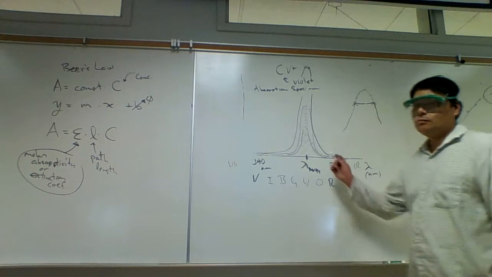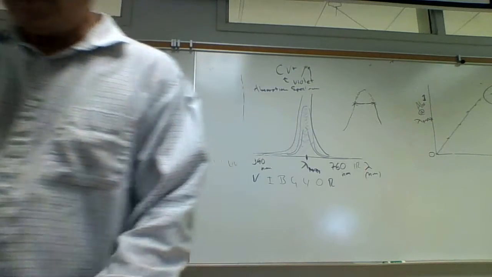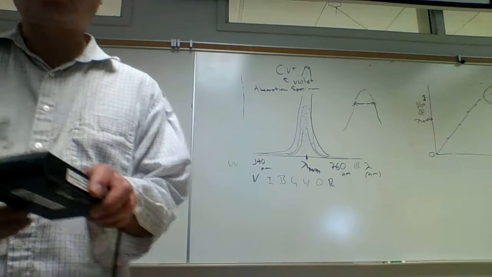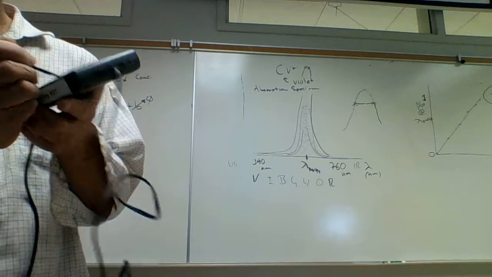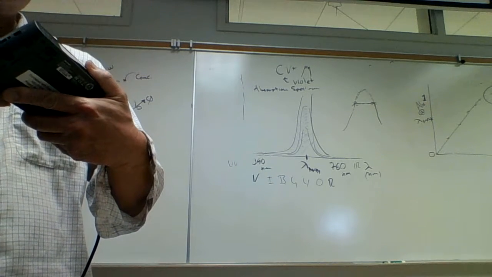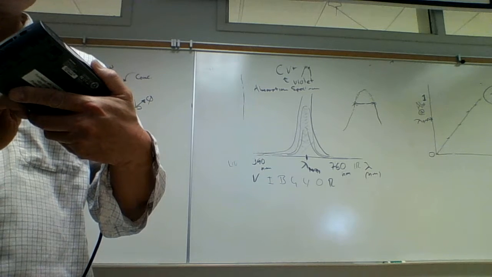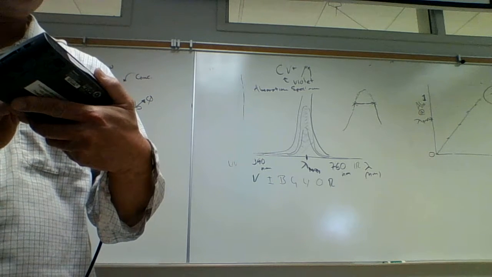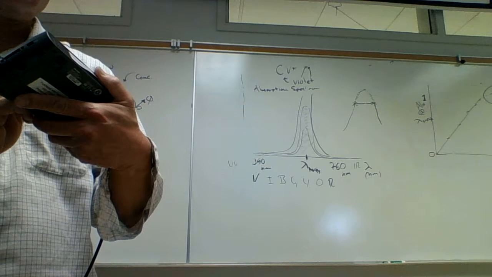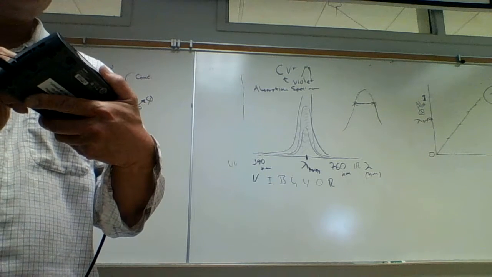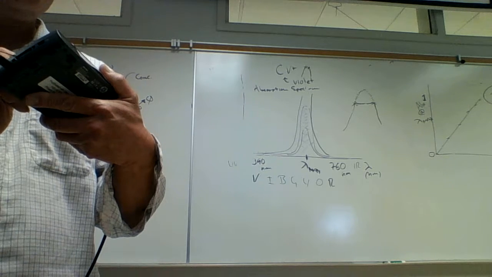All right, do you see there's scroll buttons here? We can move the little scroll bar to the right or to the left. Let's move the scroll bar out to 760 and then see what it is. If we move it out to 760, do you see the absorbance?